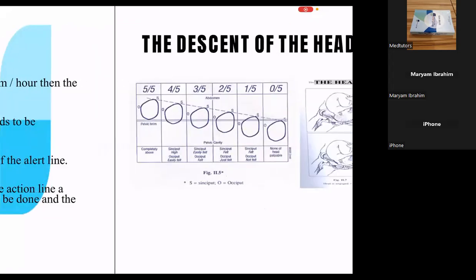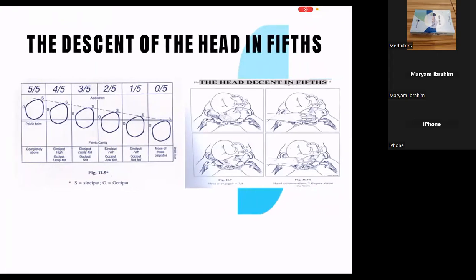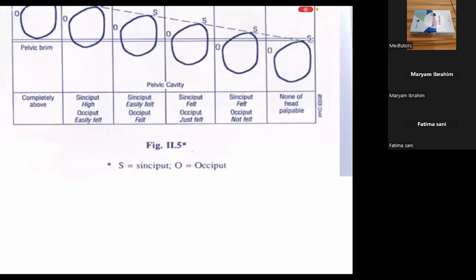And then the descent of the head is determined via abdominal examination. You place your palm on the lower abdomen around the pubic area, and you begin to palpate.